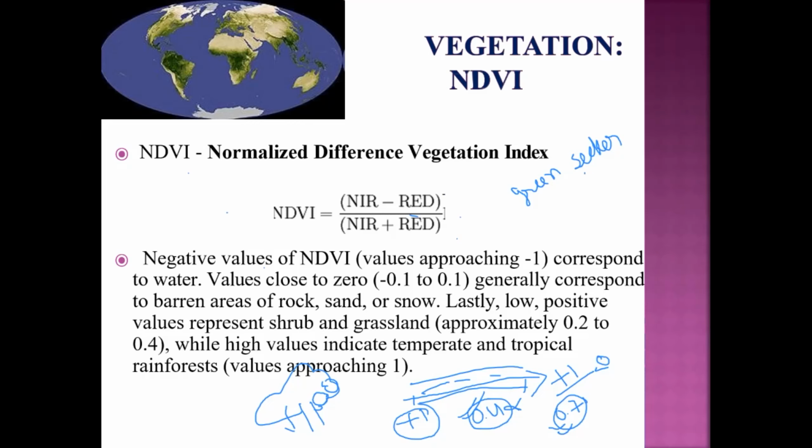And if water is there, the NIR band will be absorbed more, so reflectance will be low. So obviously, if the plant is diseased or has low vegetation, it gives a low NDVI value. On the basis of that, we can say these plants are diseased.